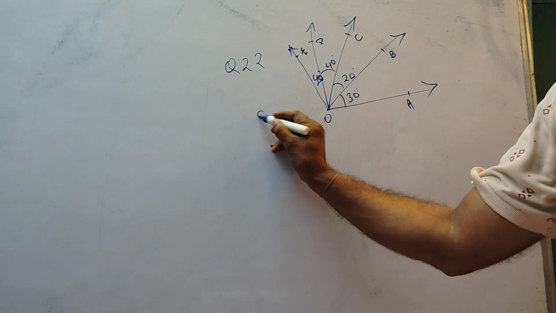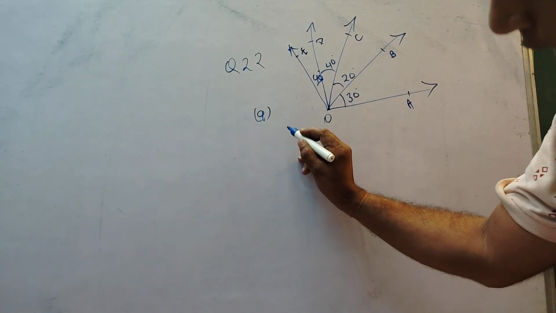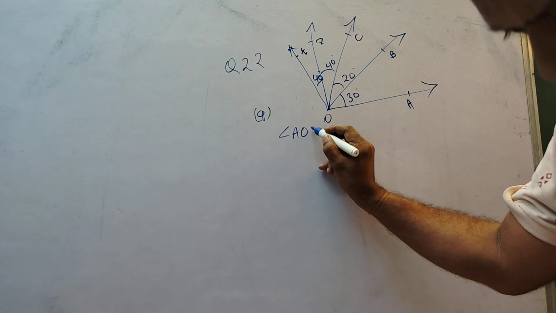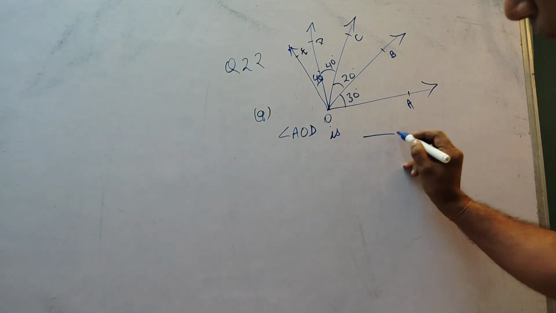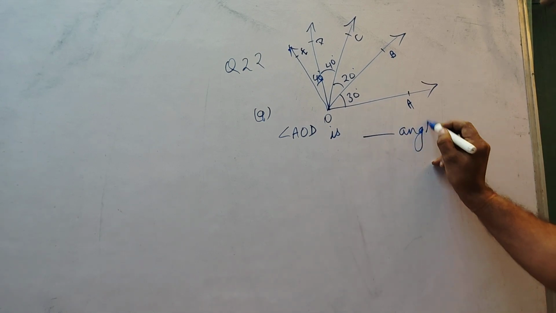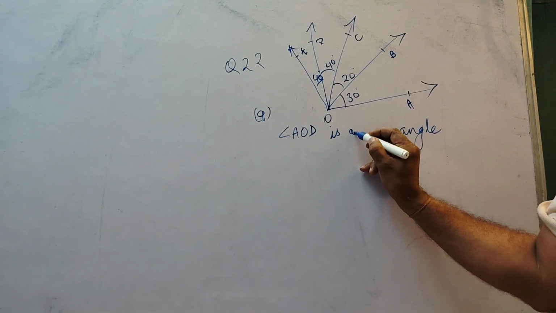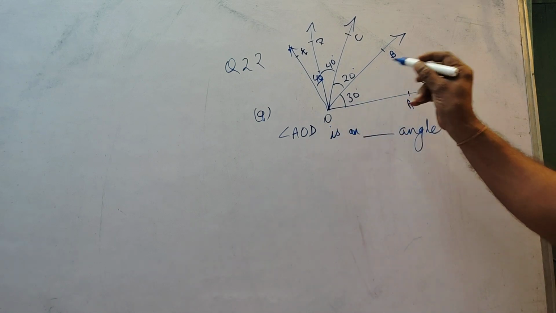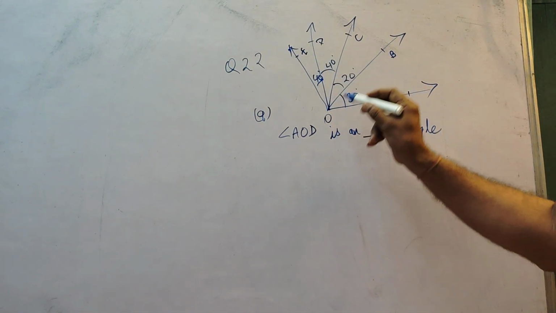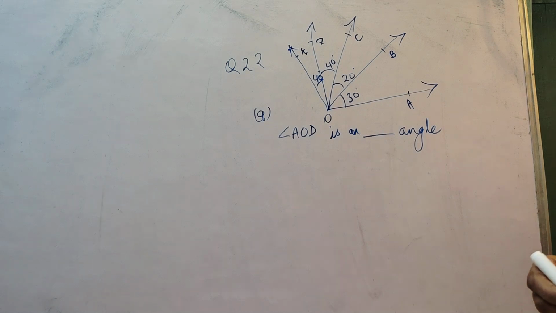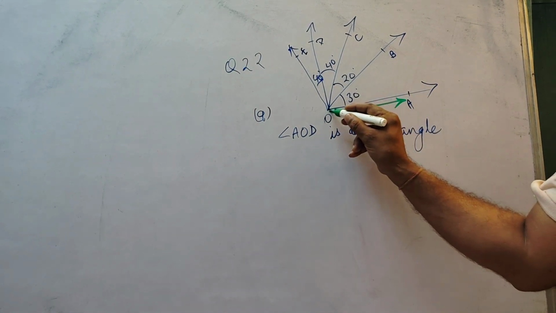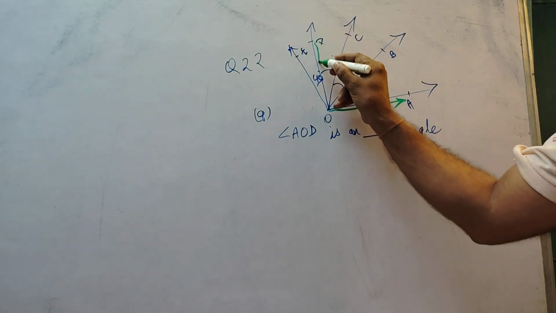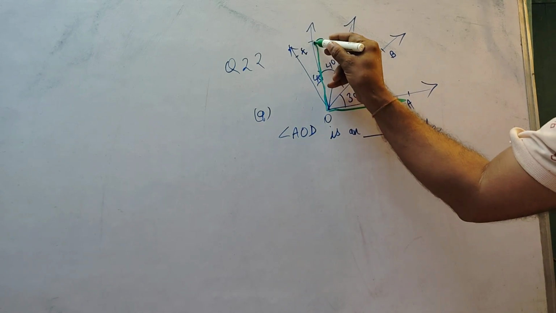Question first part. Angle AOD is equal to acute. So A is here, and D is here.